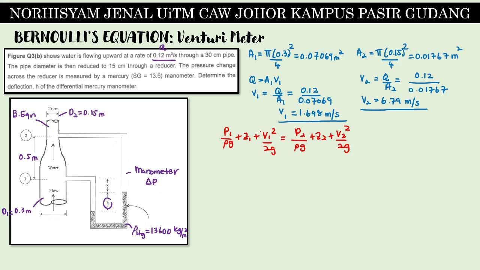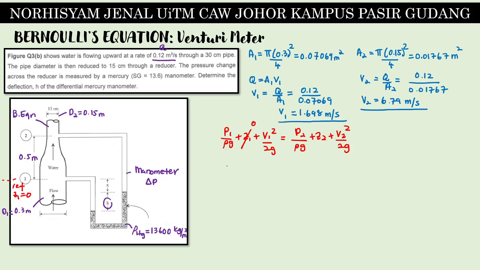Nothing from this side can be cancelled out except for point 1. We have Z1 because this is the bottom part of the elevation. We use this as a reference, so we assume Z1 is equal to 0. So Z1 over here is equal to 0. For point 2, we don't have anything to cancel out.